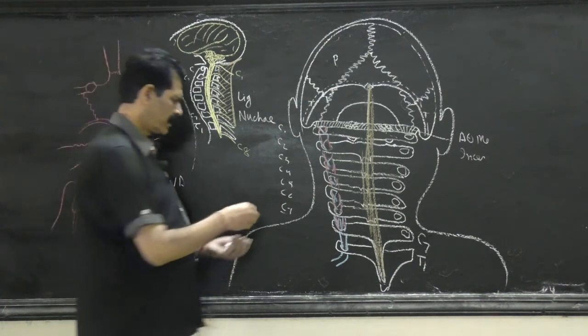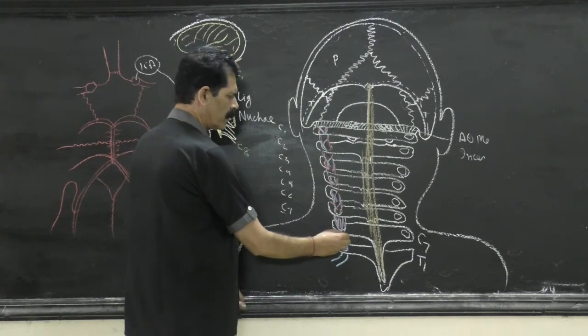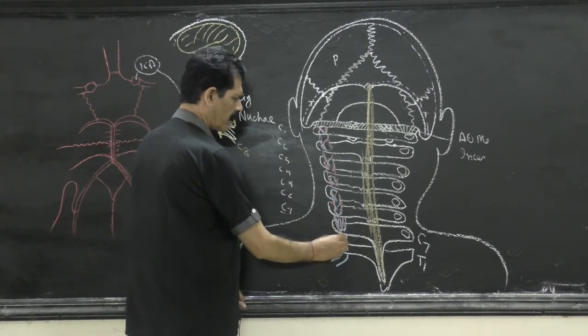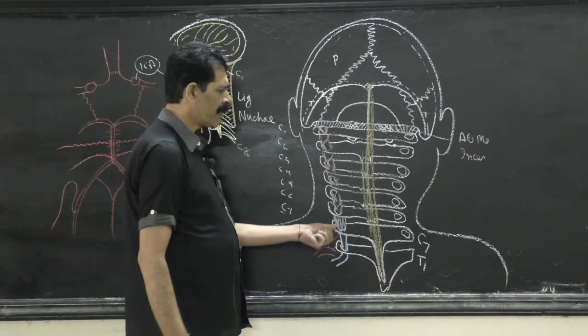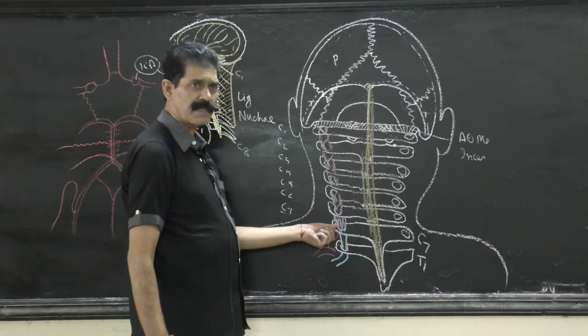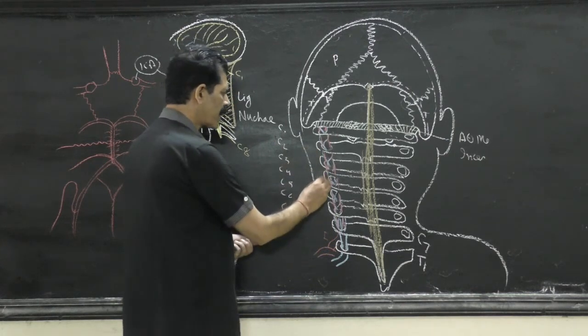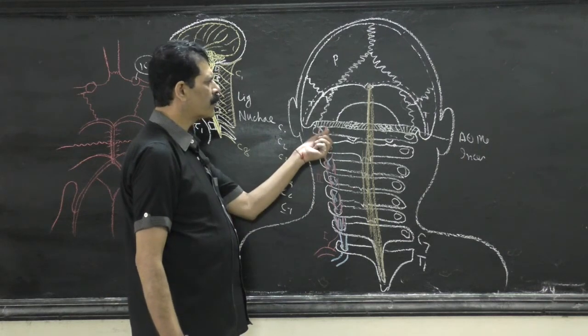But the vertebral artery, when it takes origin, it takes origin from the subclavian artery, first part. Then we call it the first part. Then when it enters through the foramen transversarium of C6, now it ascends in the foramen transversarium. This is called the second part of the vertebral artery. Now here it comes on the atlas.